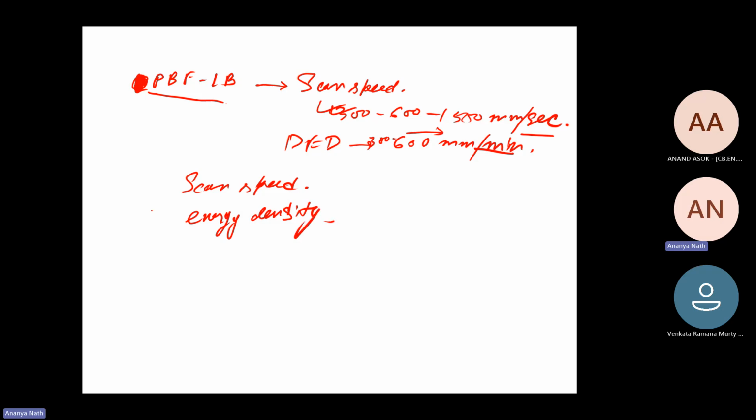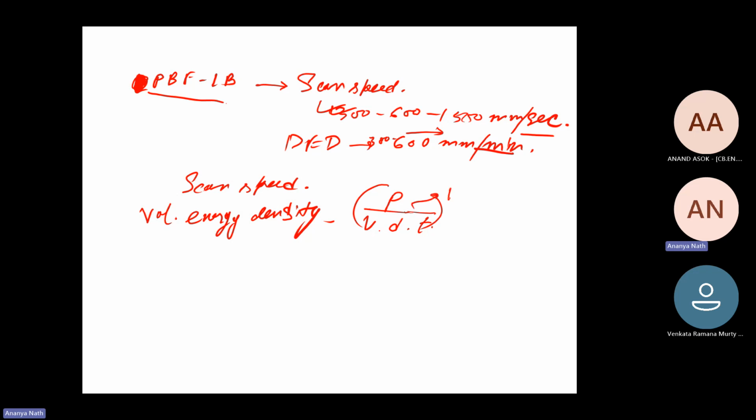However, volumetric energy density is a very vague term, but still I'm using it. That is P by scan speed into spot diameter into the layer thickness. So this is the volumetric energy density that we use to calculate what is needed for melting the metal in case of LPBF.